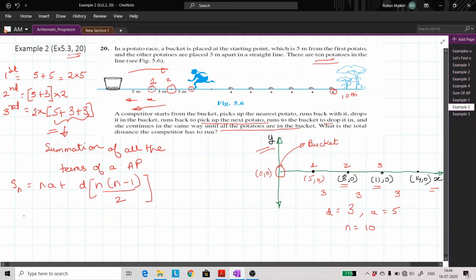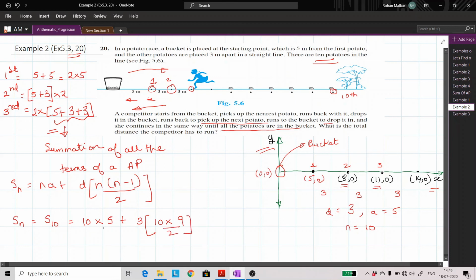We have everything here. So Sn will be equal to S10, that will be equal to 10, that is n, into 2A, that is 2 into 5, plus common difference 3 into 10 minus 1, that is 9, upon 2.